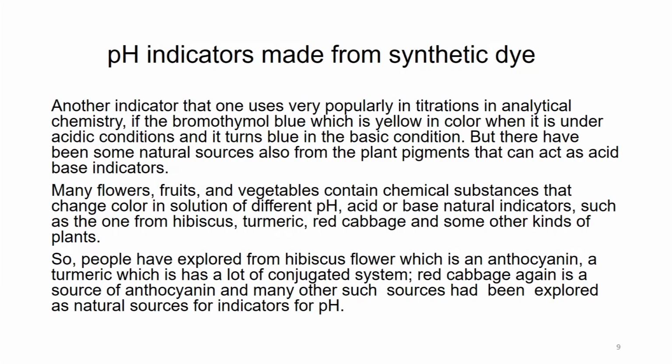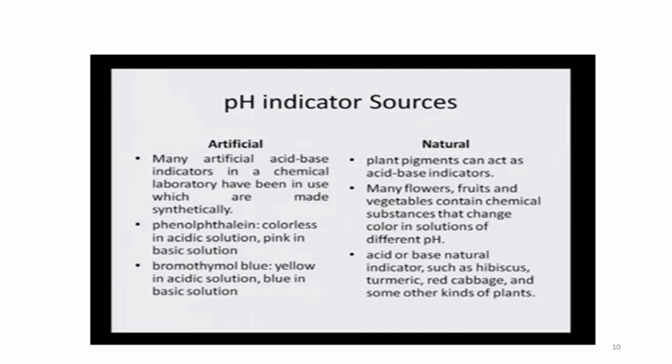So, people have explored hibiscus flower which is red in color, gudhal, which is an anthocyanin; turmeric, which has a lot of conjugated system; red cabbage, again a source of anthocyanin; and many other such sources have been explored as natural sources for pH indicators. So, we have pH indicator sources both from artificial and natural sources. They have been enlisted here.